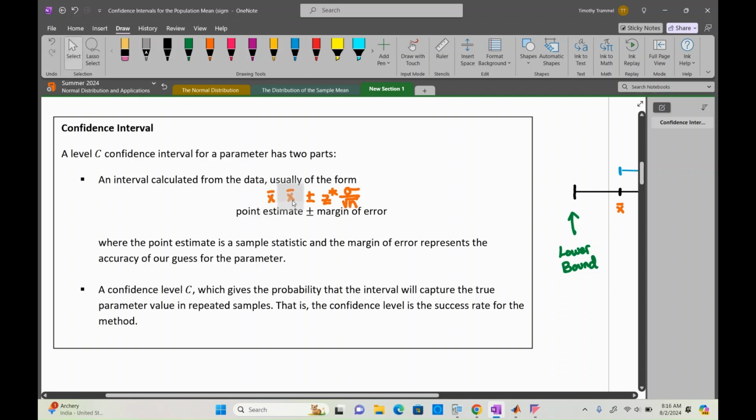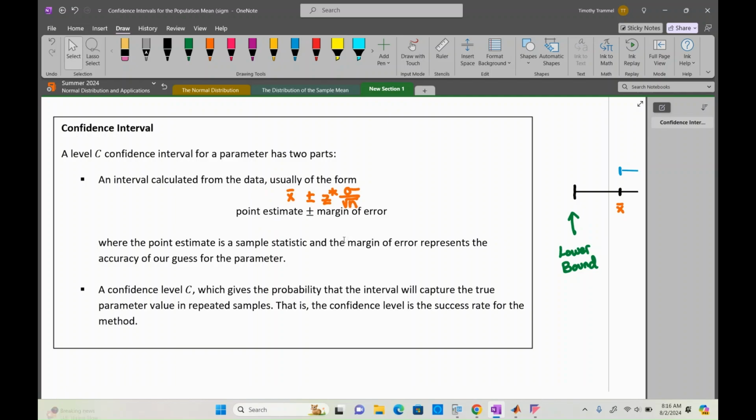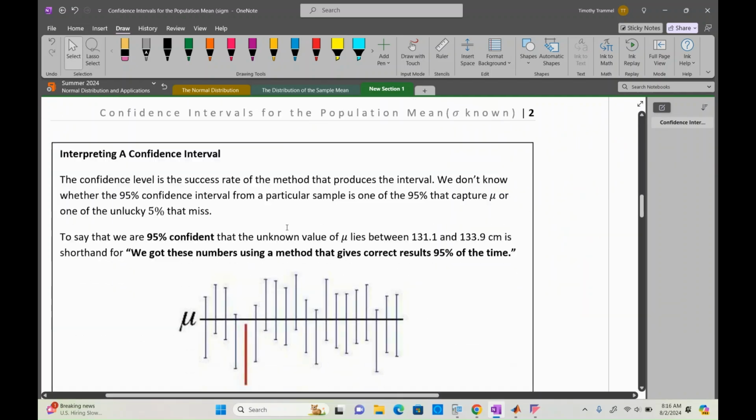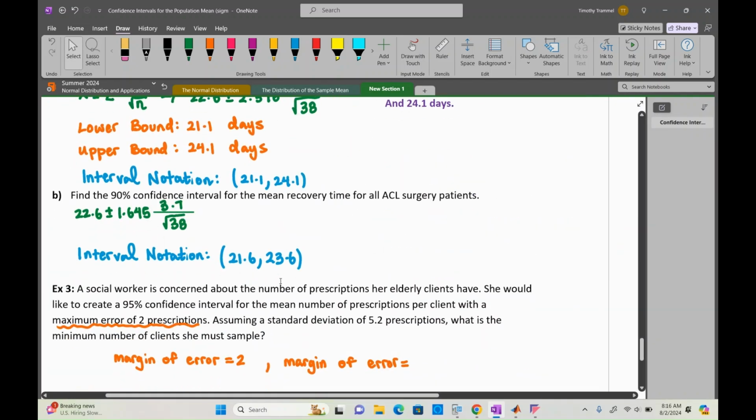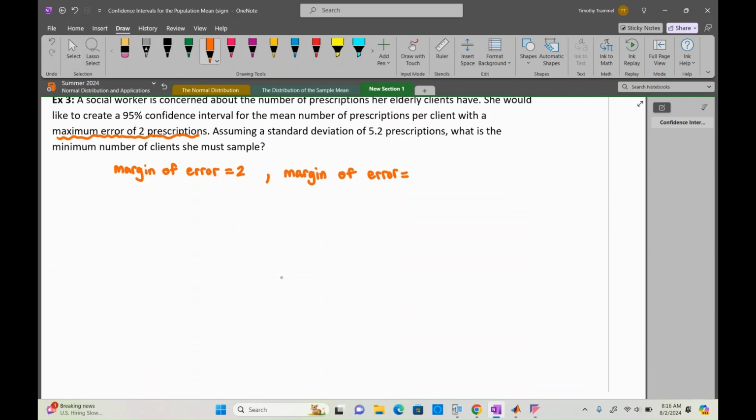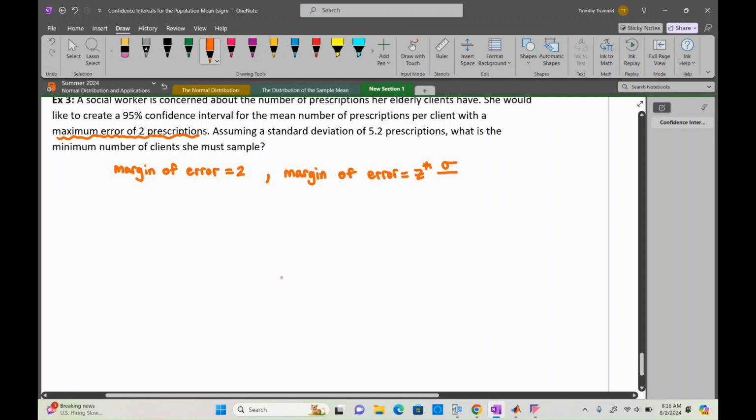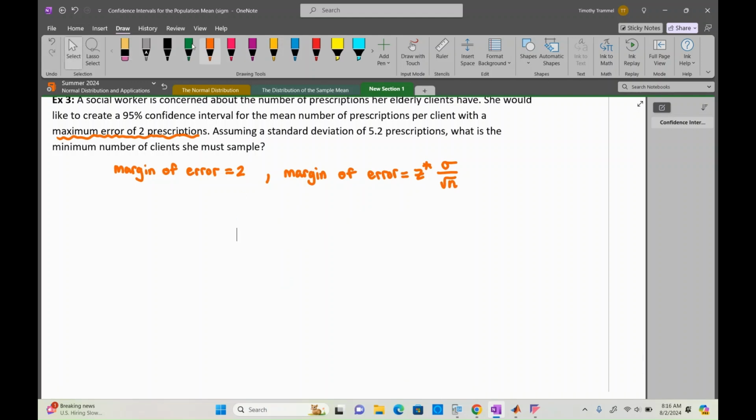So again, x bar is the point estimate. Once we add and subtract the margin of error, that gives us our confidence interval. So let's come back down here and we'll write that formula down. What we're going to do is take these two things and set them equal to each other.